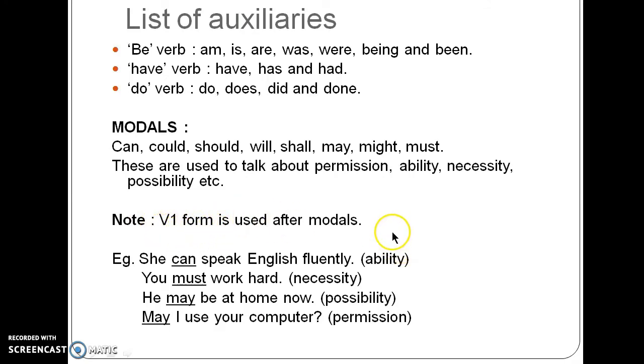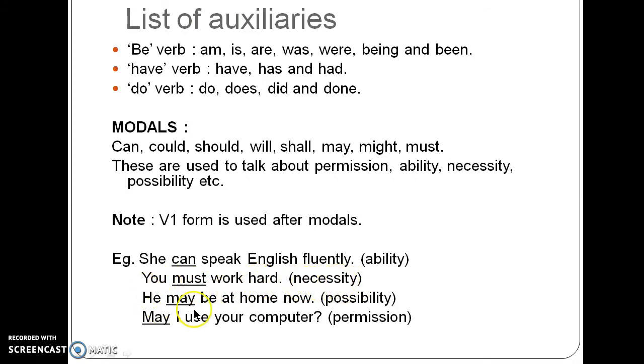Now let me give you some examples of modals and their usage. She can speak English fluently. Here the modal auxiliary is can, and can tells you about the ability of the subject she. You must work hard. Now the modal is must and it tells about the necessity.